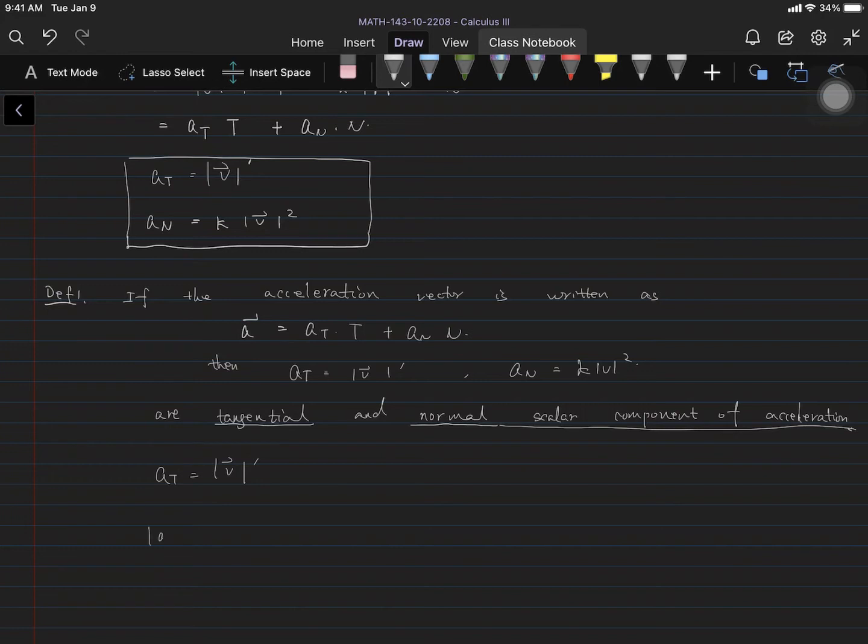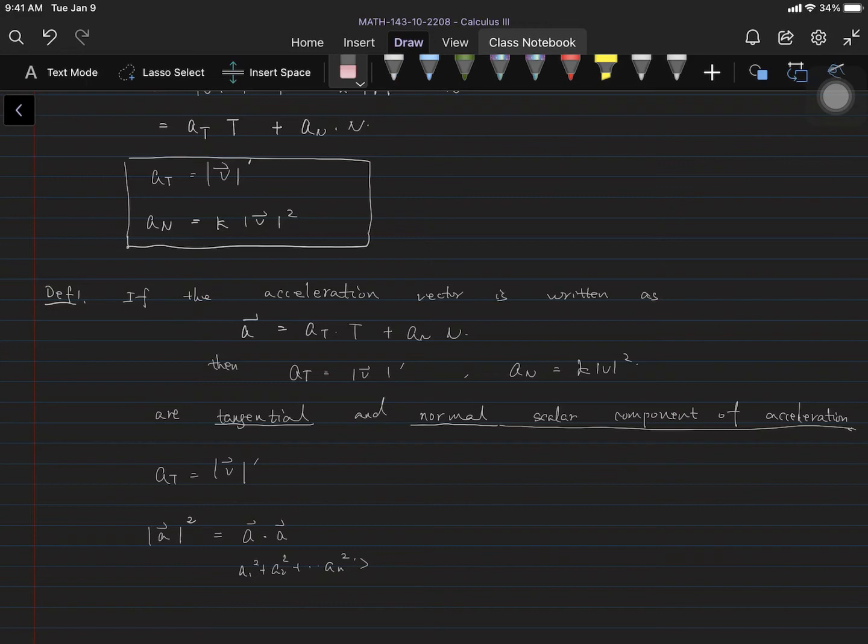If we take the length of the a vector, that's the acceleration vector, and the square of it, we know this is a dot a. We proved this before, right? So this is a1 squared plus a2 squared plus up to a_n squared, and all of these are just components of the vector a.